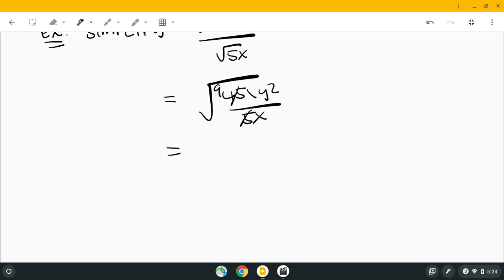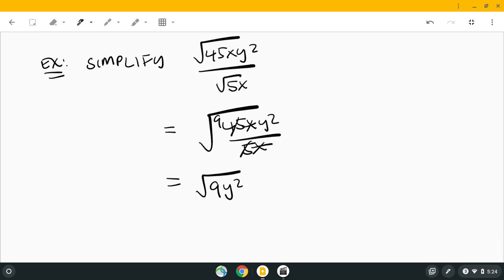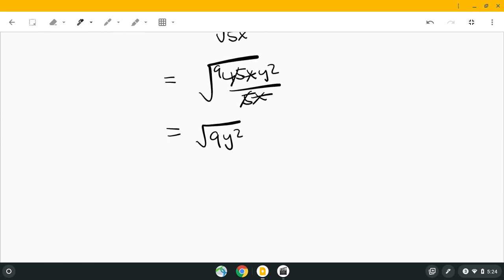And this, what is that? Is that an x? Yeah. And then this x cancels, right? So now I'm left with square root of 9y squared. Okay, and I can simplify this further, but at least I've taken care of the fraction in the radical, and this is 3y. This simplified without me having to rationalize the denominator. Okay.